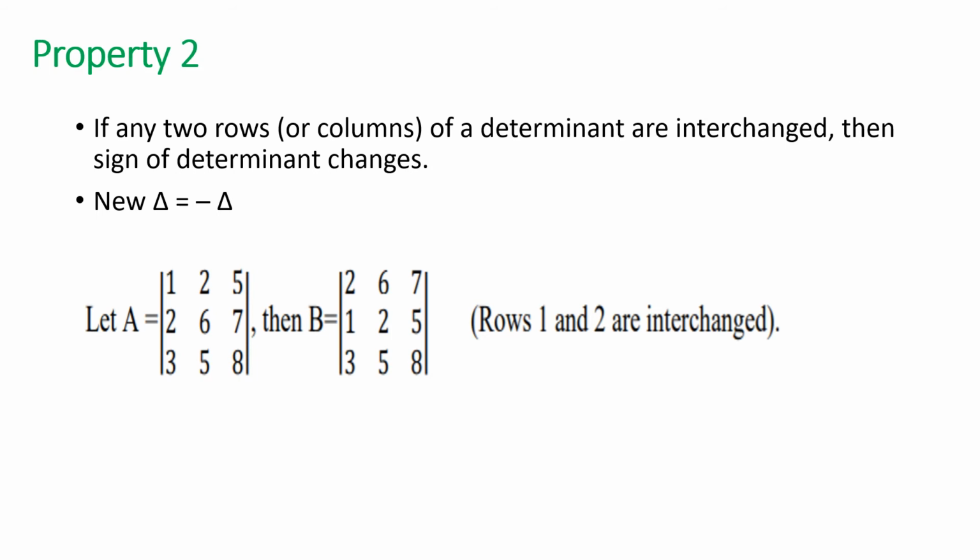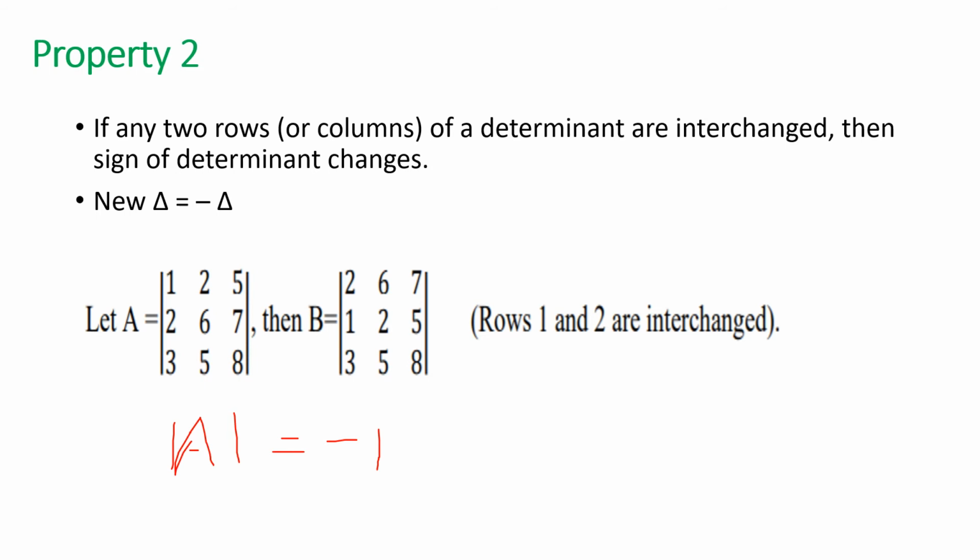Suppose we have a matrix A, or we want to calculate for 1, 2, 5, 2, 6, 7, 3, 5, 8, and we are interchanging the row 1 and 2, then the determinant of A will be same as determinant of B, only difference will be the sign.